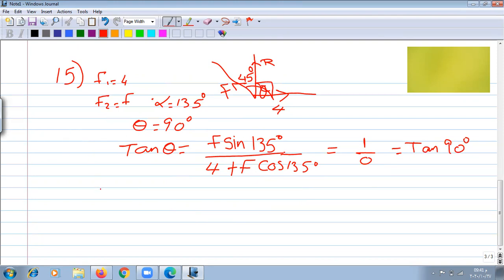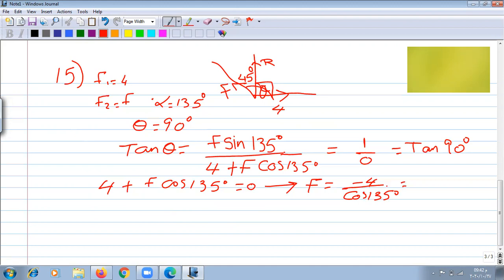In other words, we can say that 4 plus F cosine 135, the denominator, will be equal to 0. So F equals negative 4 over cosine 135.